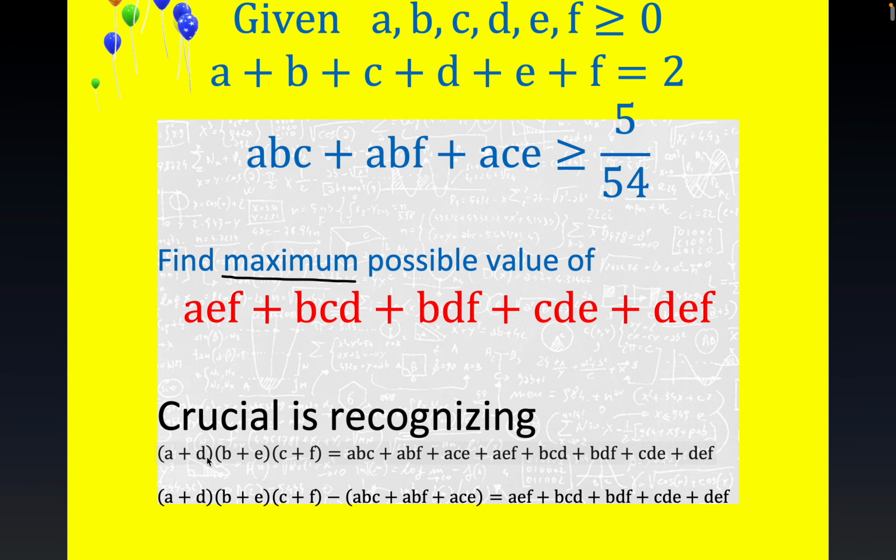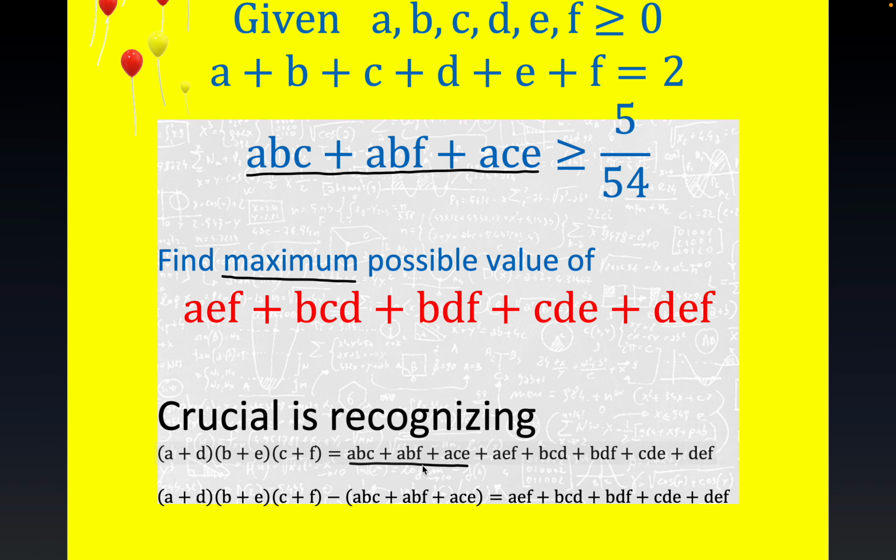This product, a plus d times b plus e times c plus f, when you expand that out, it's tedious and error prone, you get terms like abc, abf, and ace, the sum of which are actually the first 3 terms.